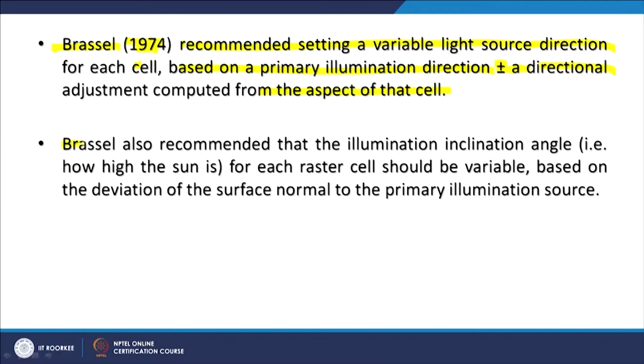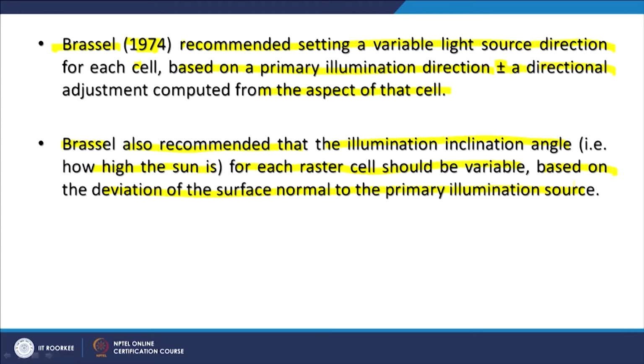Now this scientist Brassel also recommended that the illumination inclination angle, that is how high the sun is for each raster cell, should be variable. So not only the direction, but the elevation of the sun between 0 and 90 degrees should also vary, based on the derivation of the surface normal relative to the primary illumination source.